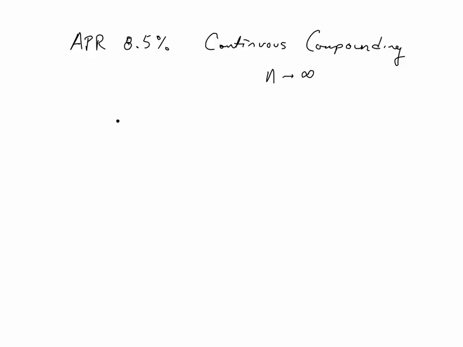Where is that going to come from? Good, because that's our e to the r, and that equals 1.0887. And that's b, right?